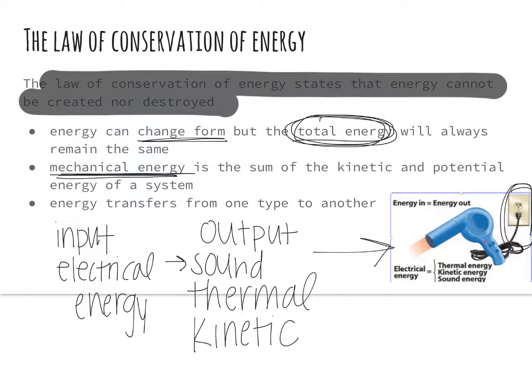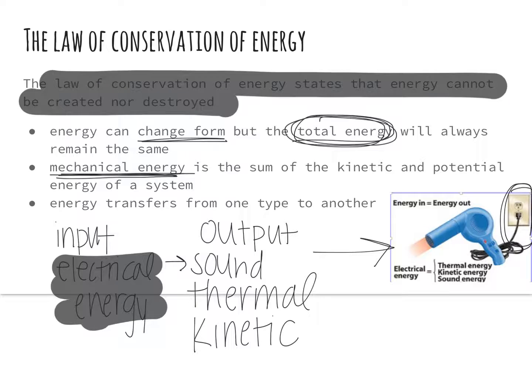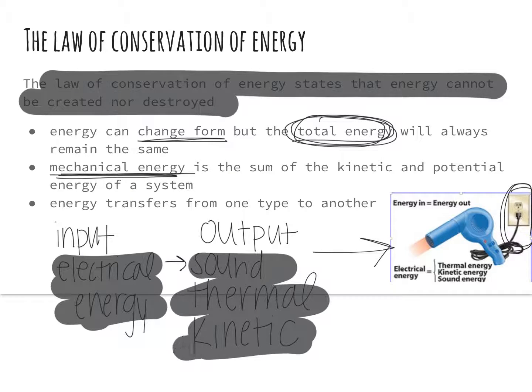So we put in one type of energy and we transform it into these three types, but the total energy stays the same.